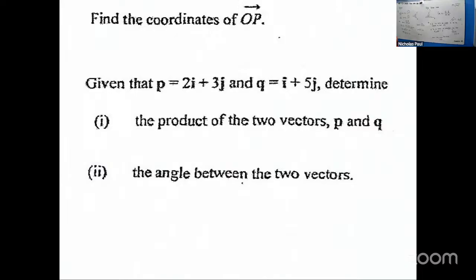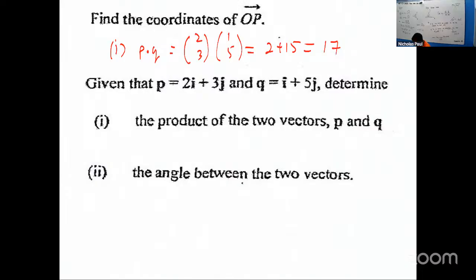Right, what we should show. So first part, the product of P and Q. That'll be 2, 3, 1, 5. That'll be 2 plus 15, which is 17. Right, nice.